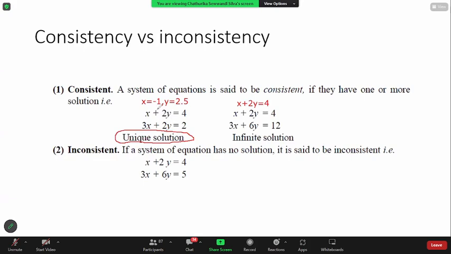What is the unique solution of these two equations?